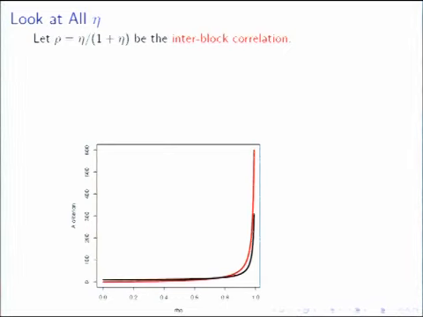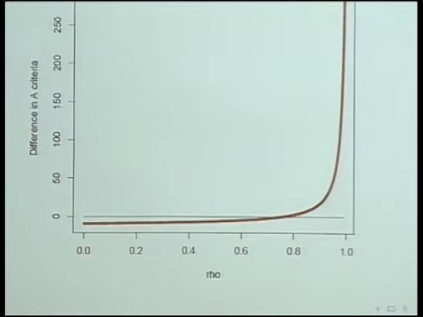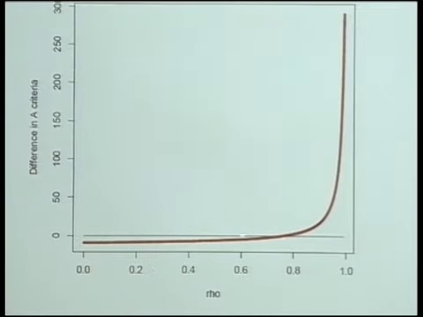Basically, nothing's happening except for big values of rho, and then the red design is much worse than the black design. Just to show that, I've also plotted the difference. You can see that this design is optimal up to about here, but you're only getting slightly lower variances, whereas beyond this point, the other design is optimal and you're getting much lower variances.